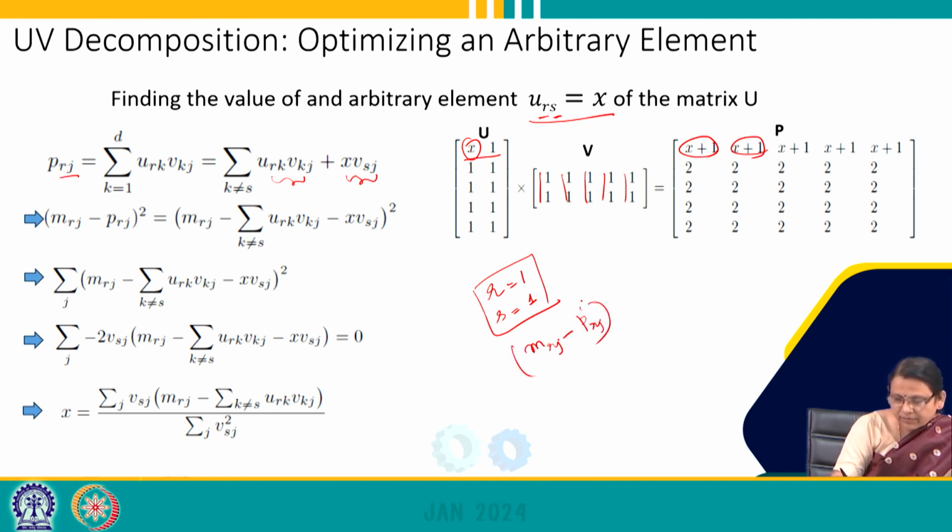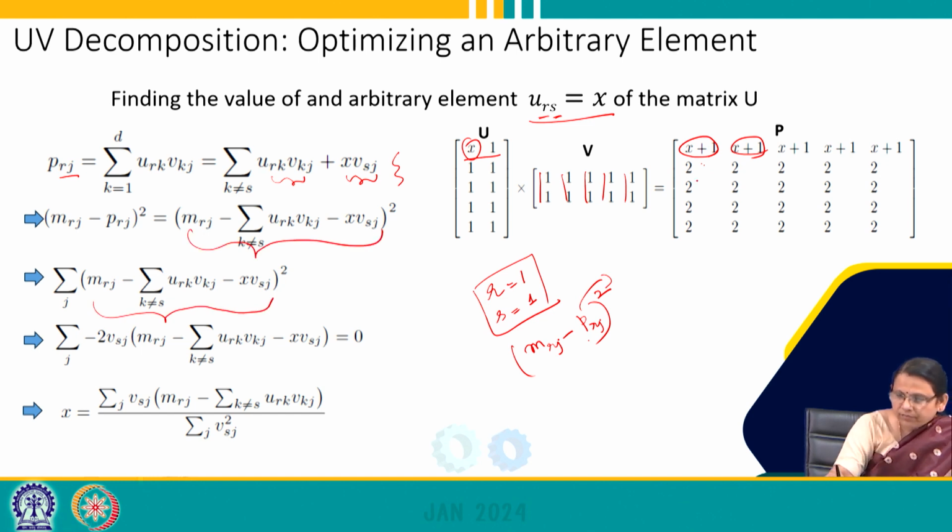What is p_rj? p_rj is this. So, the square of that turns out to be this. So, this p_rj is computed here. As a result, this becomes your error with respect to the first term.